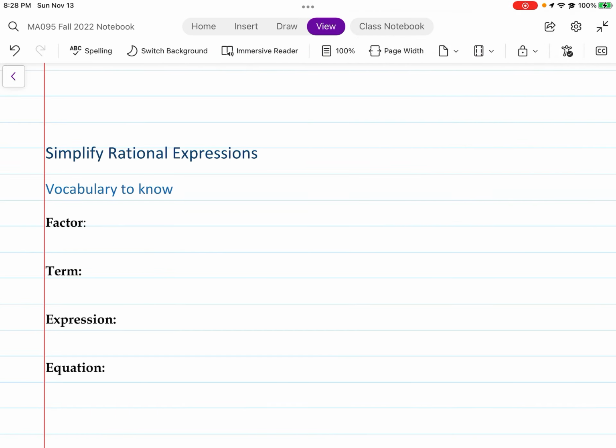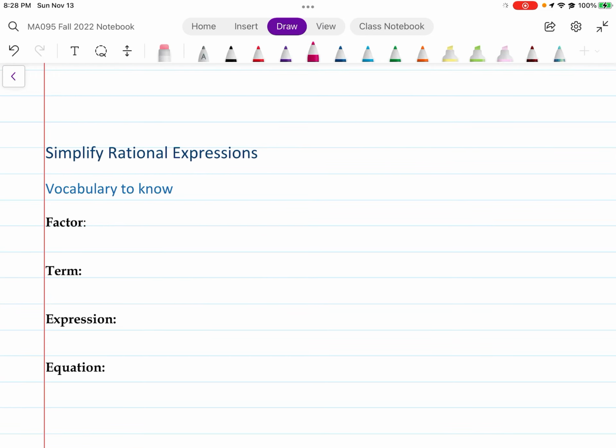All right, I decided I want some lines so I can draw straight. A factor: factors are building blocks of multiplication. All right, what about a term?